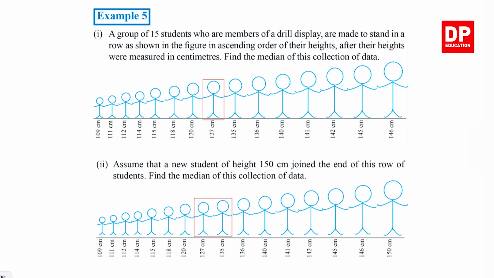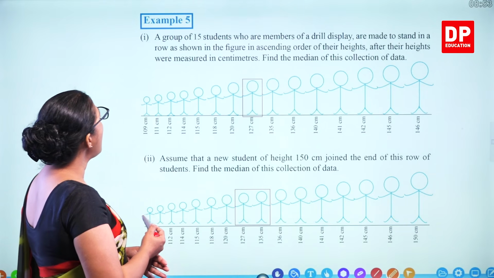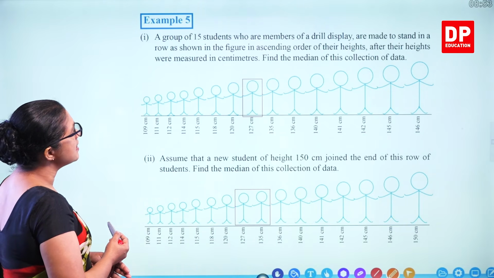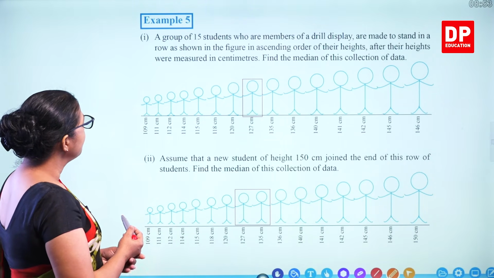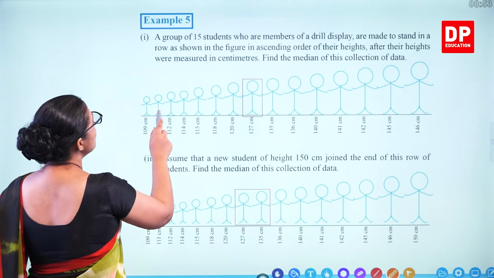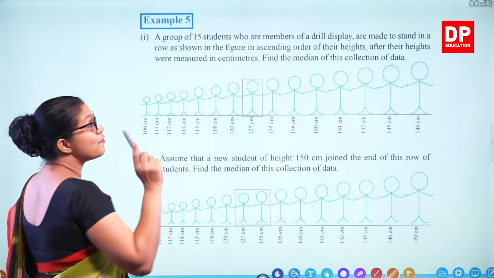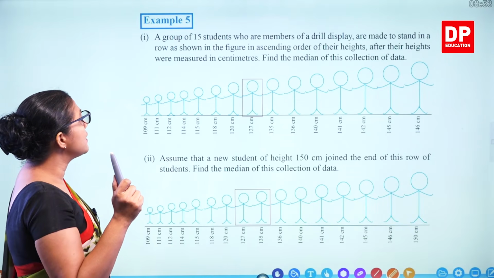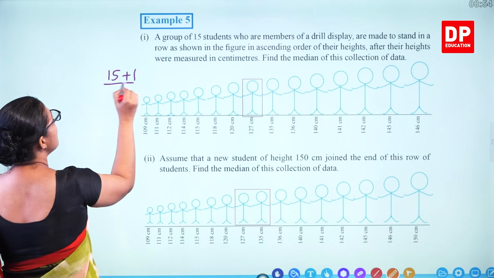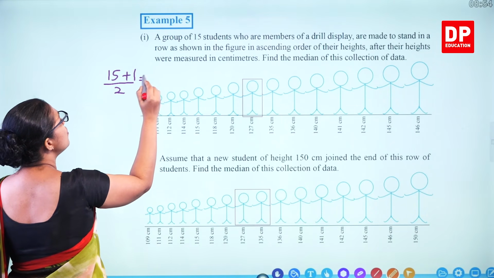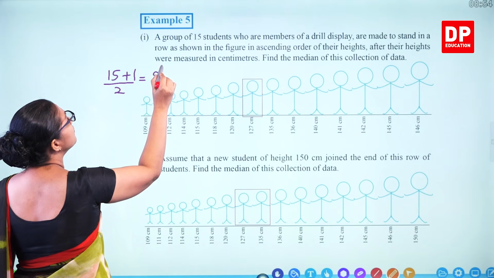Example number 5. A group of 15 students who are members of a drill display are made to stand in a row as shown in the figure in ascending order of their heights. After their heights were measured in centimeters, find the median of the collection of data. 15 means one middle number. 15 plus 1 divided by 2, that means 16 divided by 2 is the 8th one.